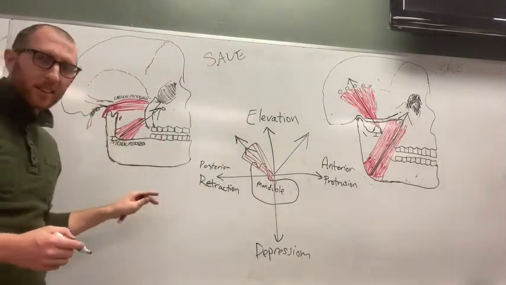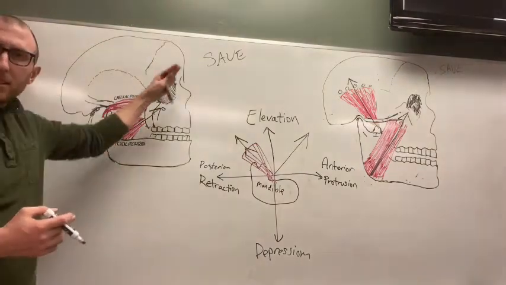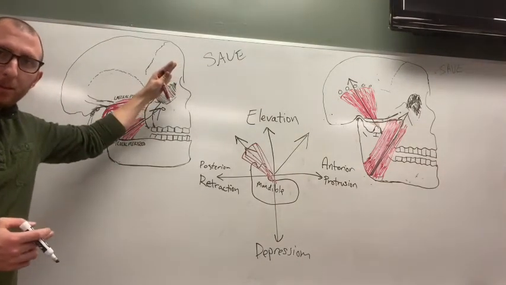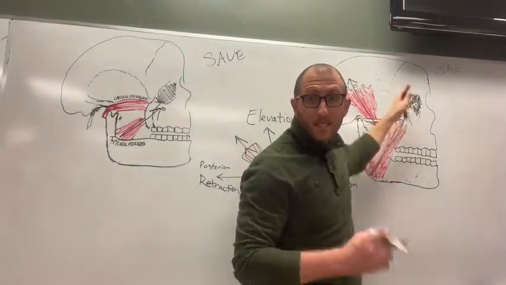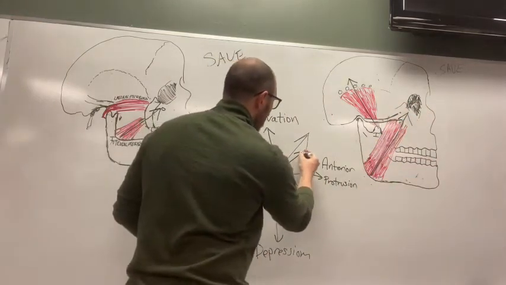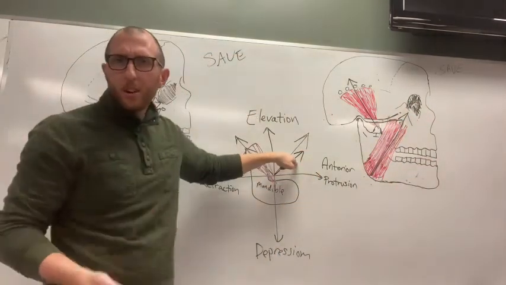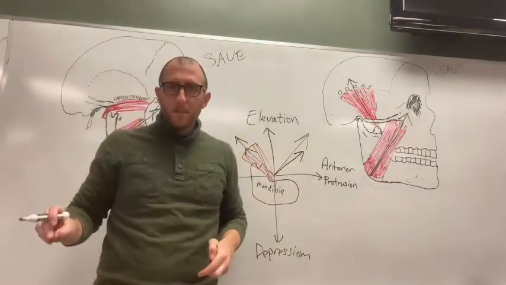So I'm exaggerating things here a little bit so you can see that arrow. It's going like this. Let me hold my hand here. Come over to the masseter. The masseter is also going like that. So I'm going to draw pretty much the same arrow, and if I could overlap them, I would. Pretty much the same arrow, but it's a smaller muscle.